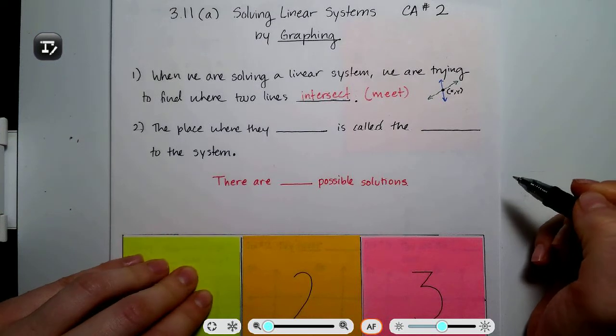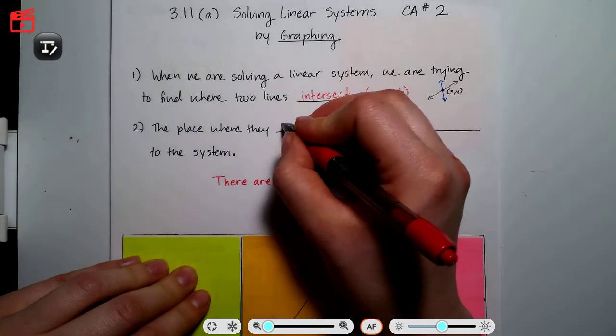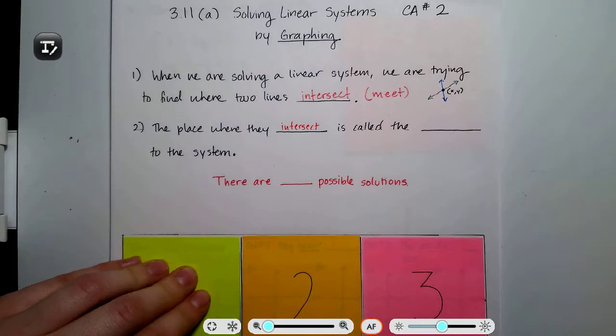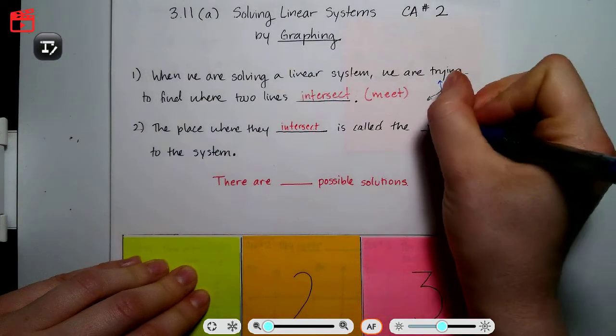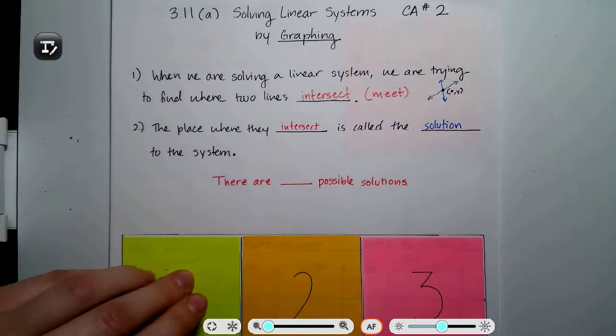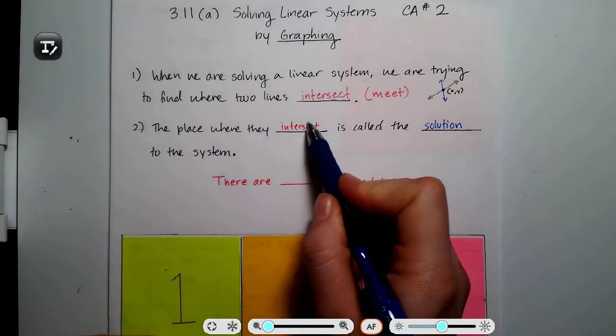All right, so number two, the place where they intersect is called the solution to the system. So what we're looking for is a solution to our system, and the solution is where they intersect.